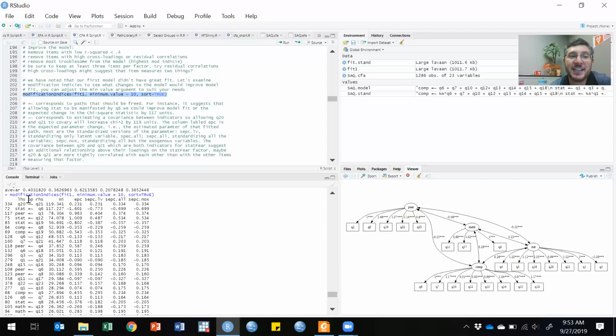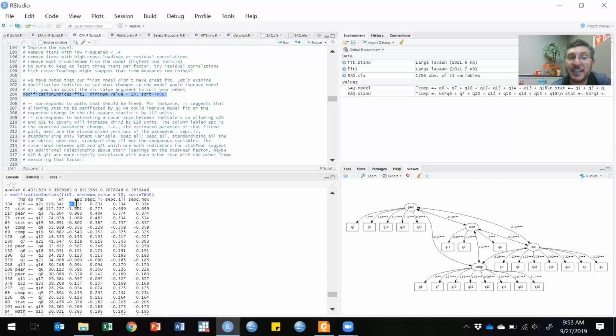You can see in the OP column here, it's using that lavaan symbol terminology to tell you what's going on. Remember, two tildes refer to a covariance. So it's saying if we added a covariance between question 20 and question 21, it would reduce the chi-square value by around 119 points.